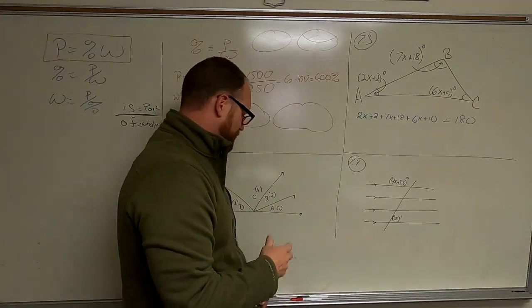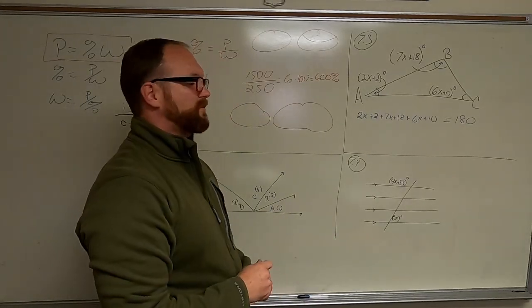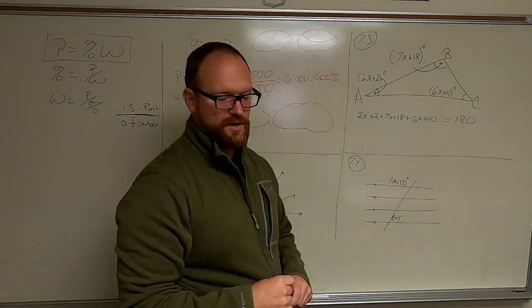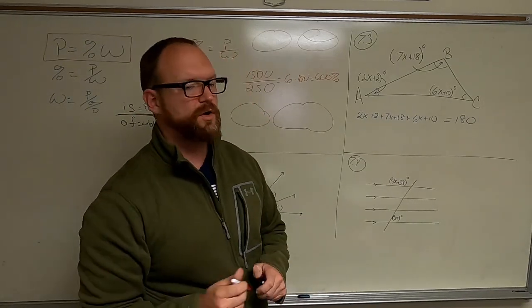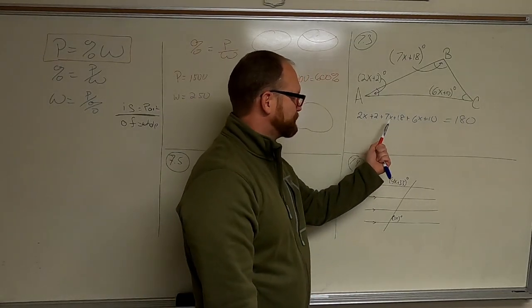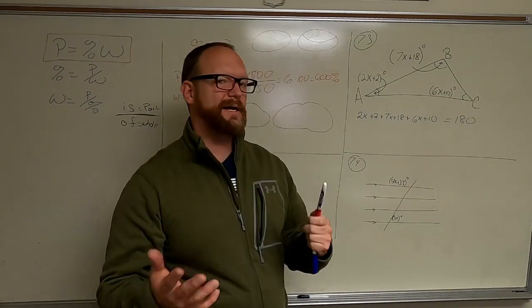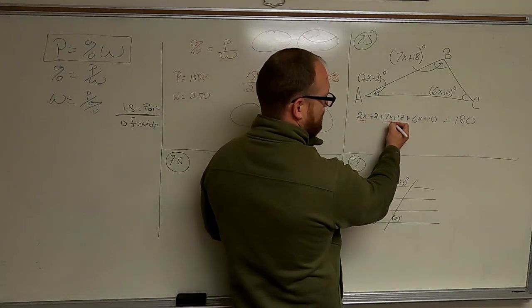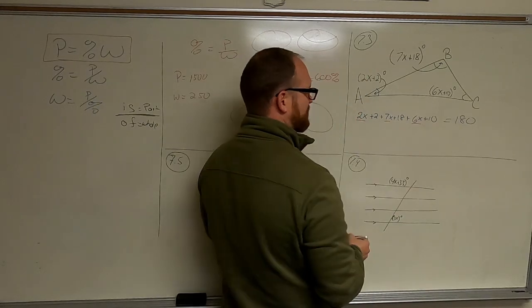Now that may look a little confusing right off the bat, but it's not. It's going to be a lot easier than what you may think. So what do we do from here? Recall that if we have a variable, we add like terms. So we're going to add the 2x, the 7x, and the 6x.